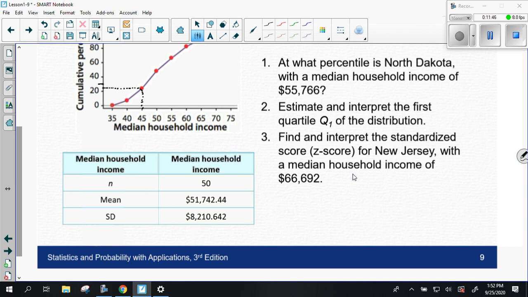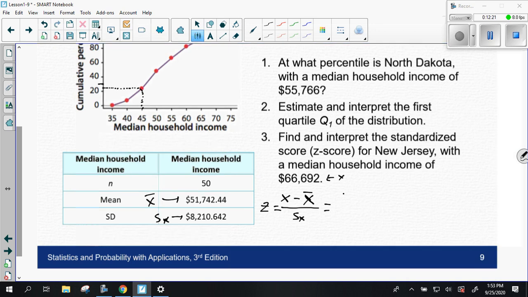So we're going to use the formula z equals x minus my mean, divided by my standard deviation. This is x, this is x bar, and this is s sub x, the standard deviation of my sample.